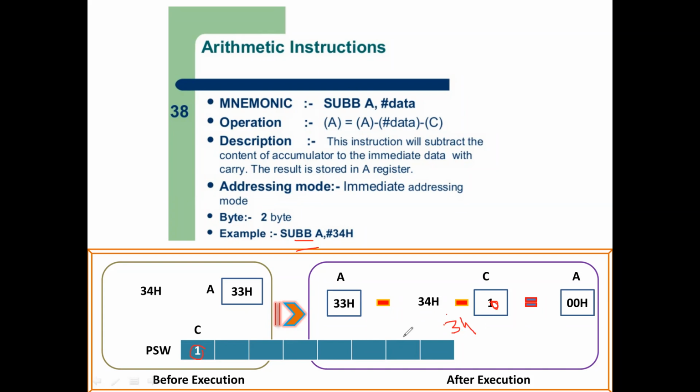So 33 minus 34, you will have the value FF, it will roll over and the carry will be 1. There you must understand the value is minus 1. The carry need not be 1. For your understanding, I have placed carry equal to 1. It need not be 1 all the time. No need to get confused.